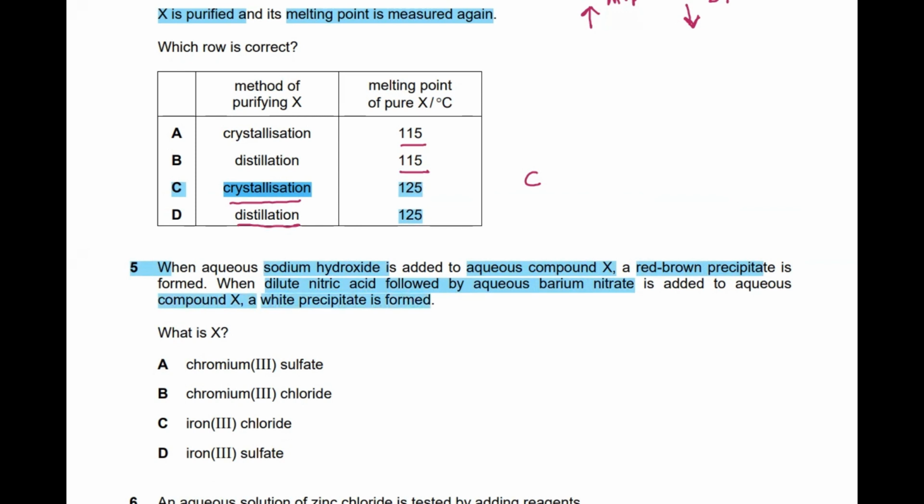This is a very big clue: when you add barium nitrate and get a white PPT, that tells us sulfate ions are present. And the red-brown PPT is an indication that you have iron 3 present. So we will have a salt with iron 3 and sulfate. So D is my correct answer, which is iron 3 sulfate.